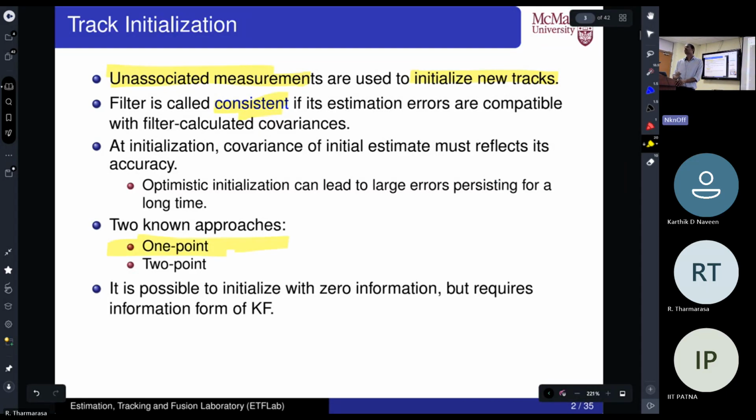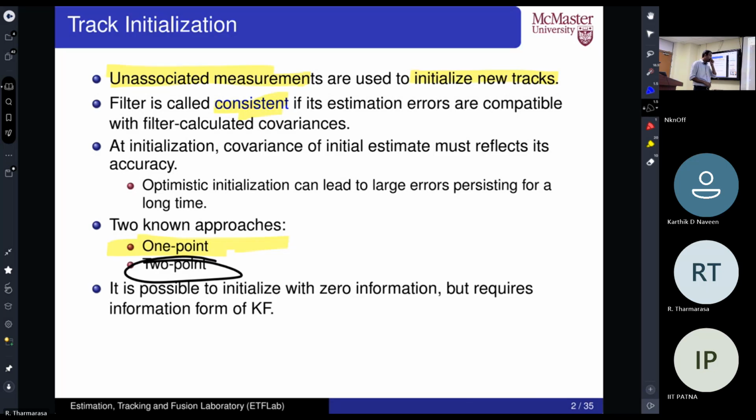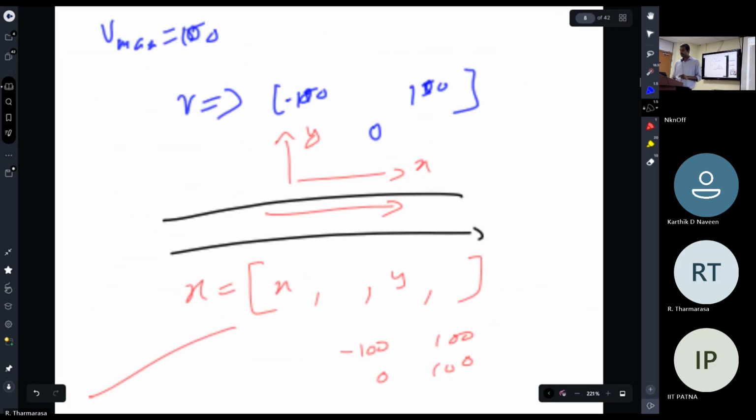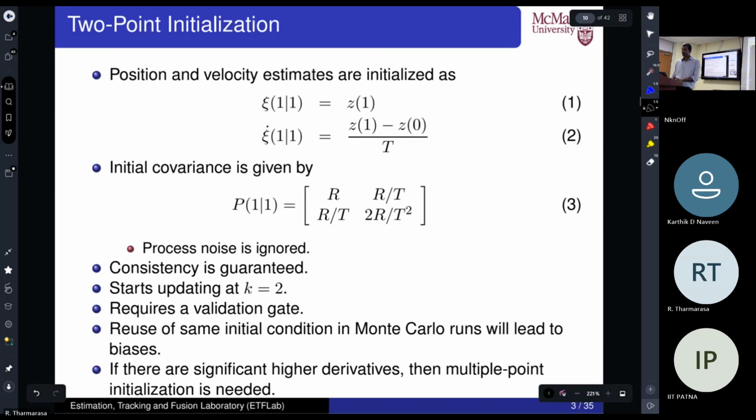So far we talked about 1 point initialization. Another approach is called 2 point. The idea of 2 point is to initialize the velocity as well.